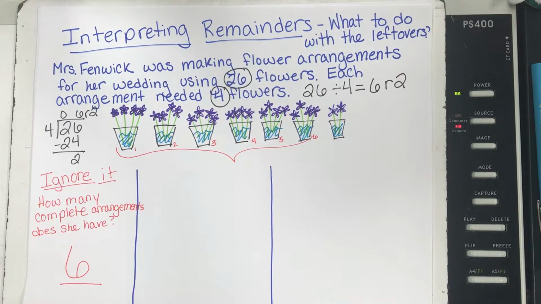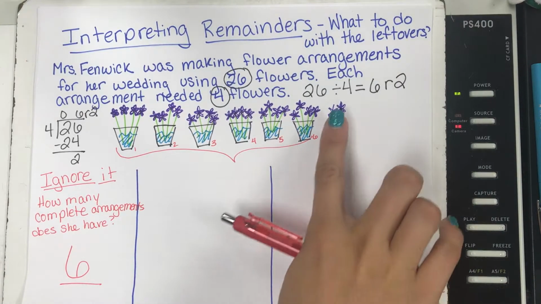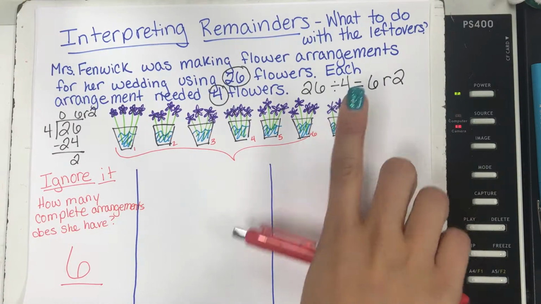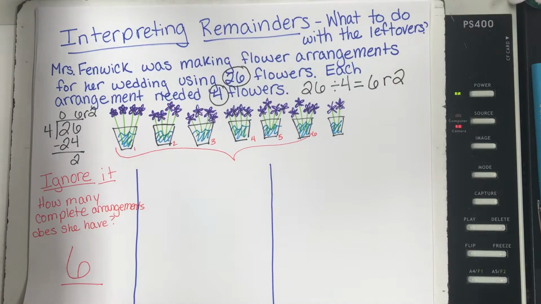There are 6 arrangements that are finished. Okay, one of them's not, but I can just ignore it. It's not asking me about these 2 that are left over. I can just leave them as extra. Okay.